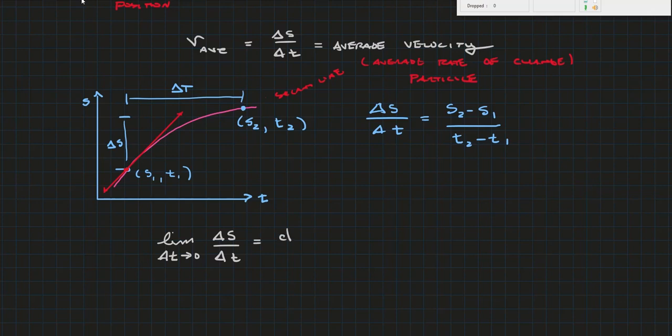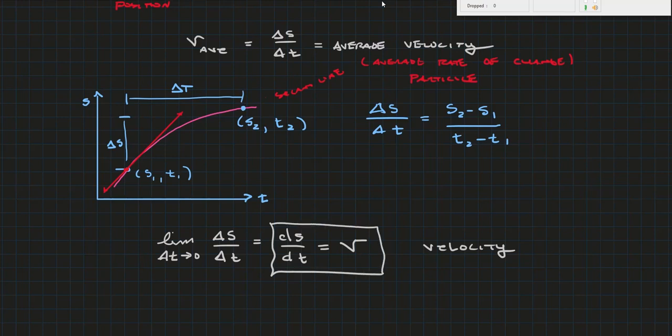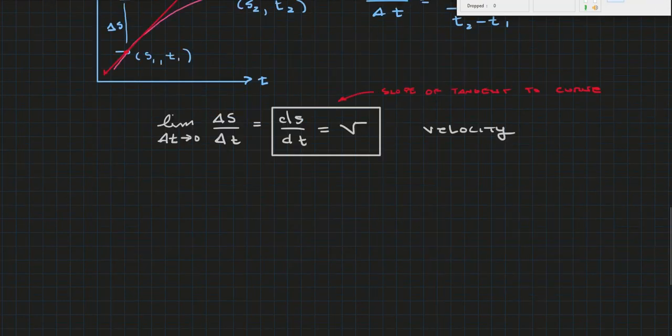This equals ds dt, which we define as the velocity. And this is the slope of the tangent to the curve, specifically the position as a function of time curve.